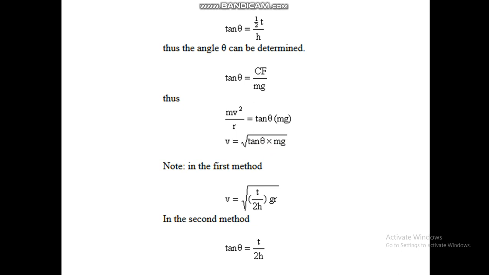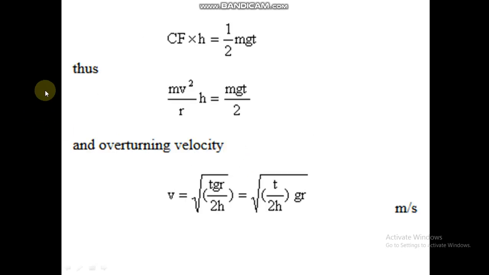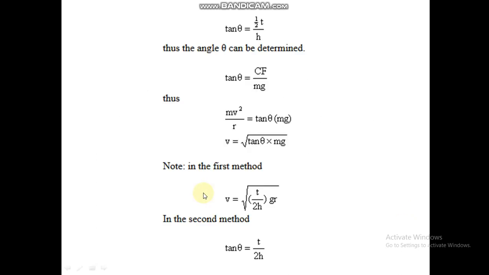So we have two formulas for the overturning velocity. We can calculate the overturning velocity from either of these two formulas depending upon the parameters given in the question. The first one, from the previous part, is overturning velocity v equal to under root TGR upon 2h, and in this part we have derived the formula for overturning velocity as tan theta into gr under root.